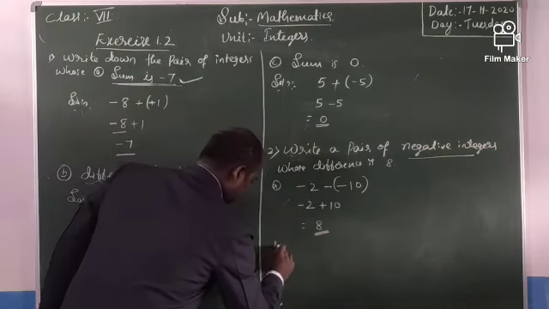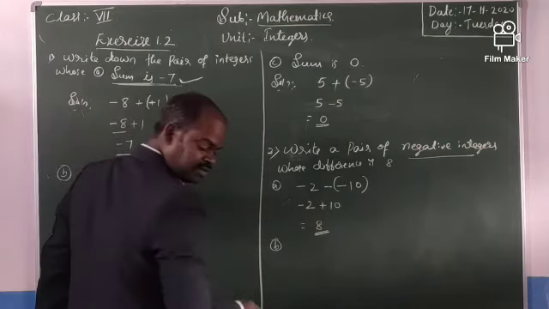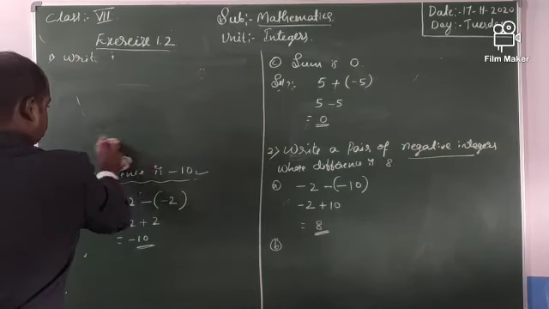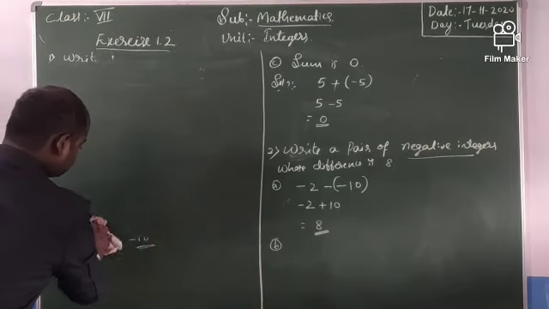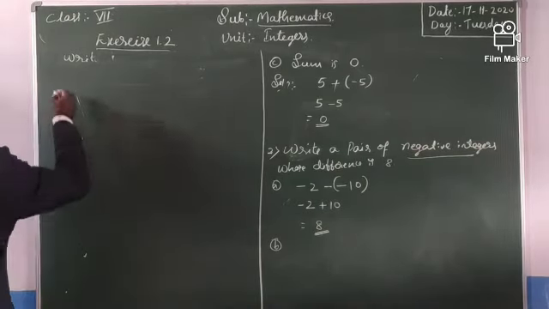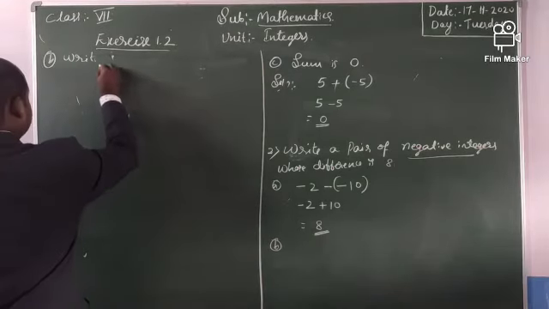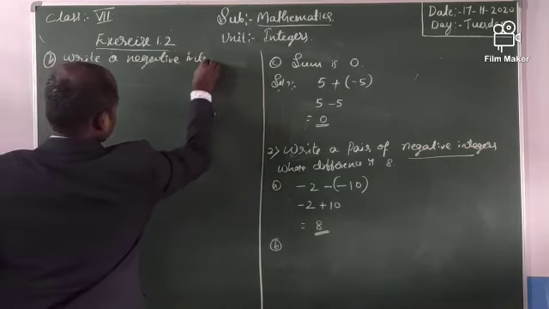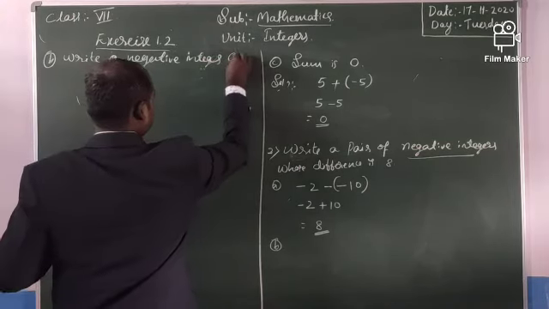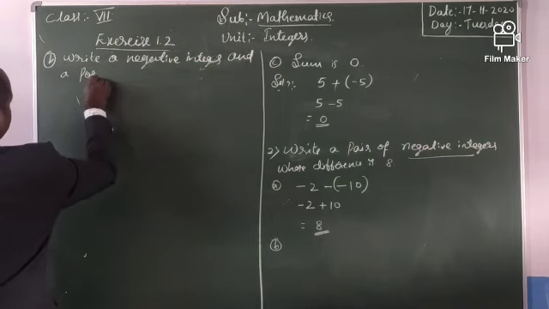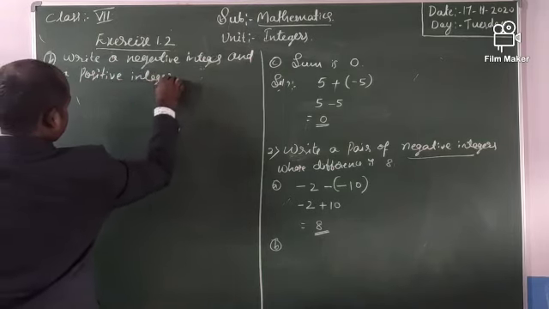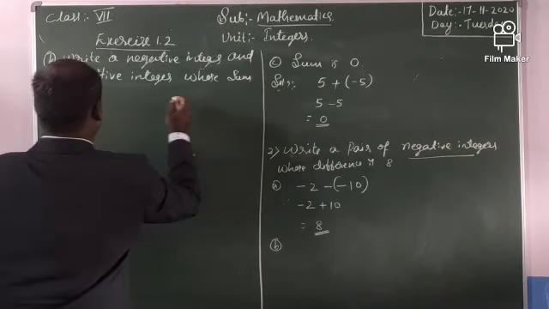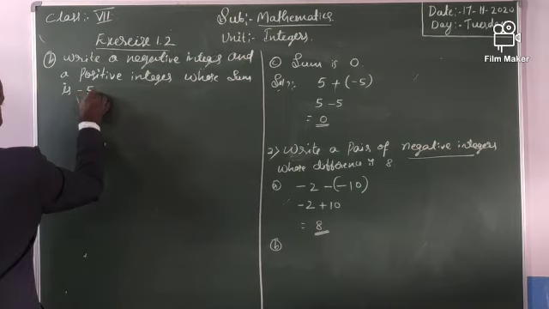Got it children? Yes. Next problem. Write a negative integer and a positive integer whose sum is -5.